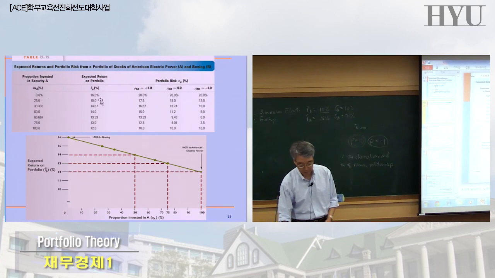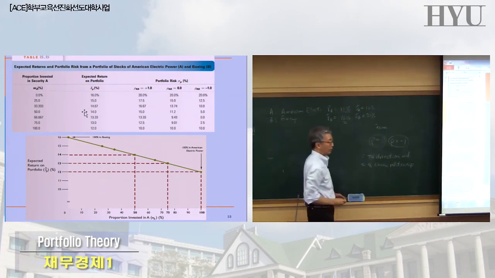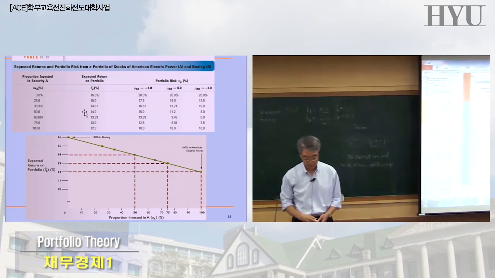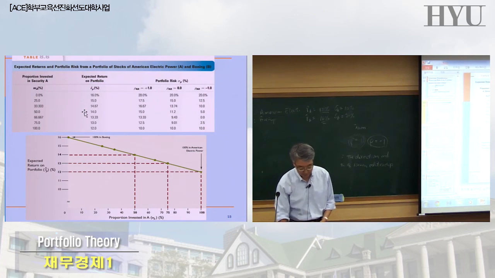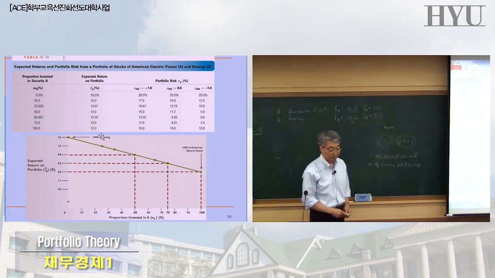Then obviously the return will be 16%, right? Because Boeing stock has an expected return of 16%. What if you put 100% in American Electric, which means 0% in Boeing? Obviously the expected return would be 12%, okay, right?